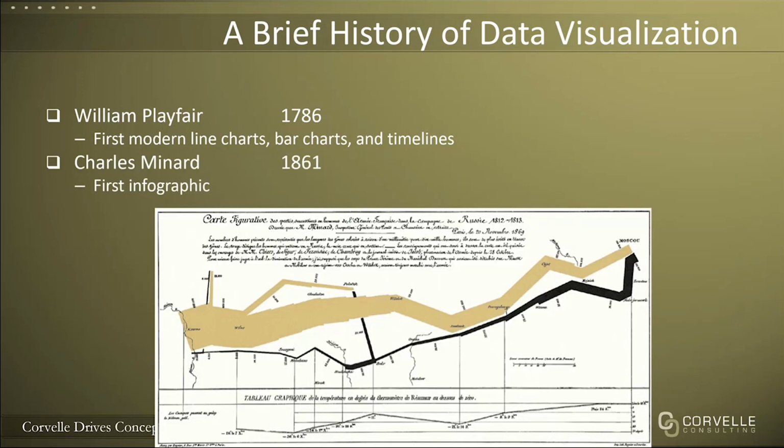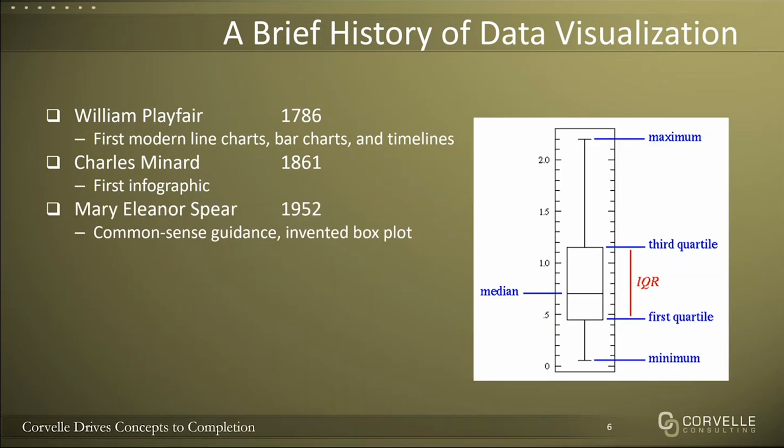And then we see the first ever infographic, created by Charles Minard in 1861, and it illustrates how the army of Napoleon marched towards Moscow and then its retreat, and how many people were wiped out along the way. It's a wonderful, powerful story on a single sheet of paper.